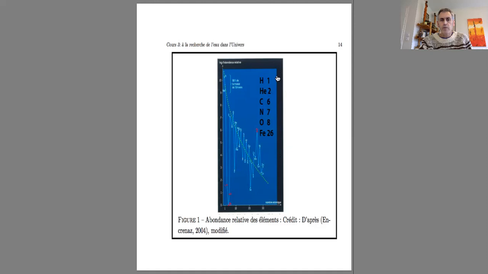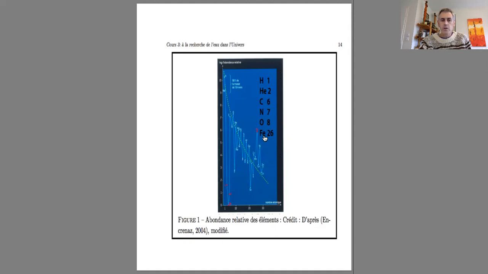I took this figure from the book by Oncronaz, and I've adapted it a little bit by writing the atomic number for some of the key elements. Hydrogen is 1, helium is atomic number 2, carbon 6, nitrogen 7, oxygen 8, and iron is 26.